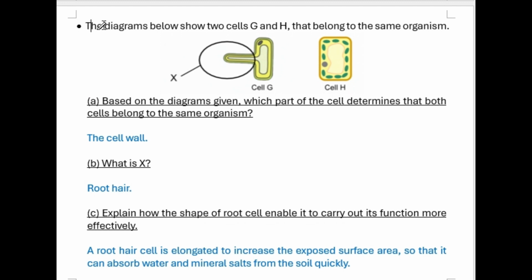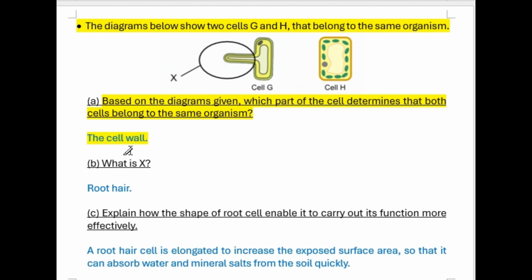The diagrams below show 2 cells J and H that belong to the same organism. Based on the diagrams given, which part of the cell determines that both cells belong to the same organism? The cell wall.